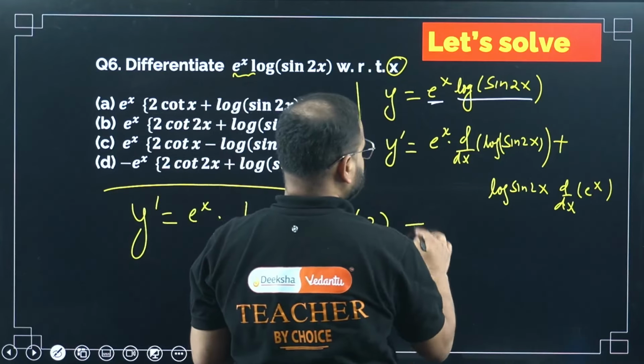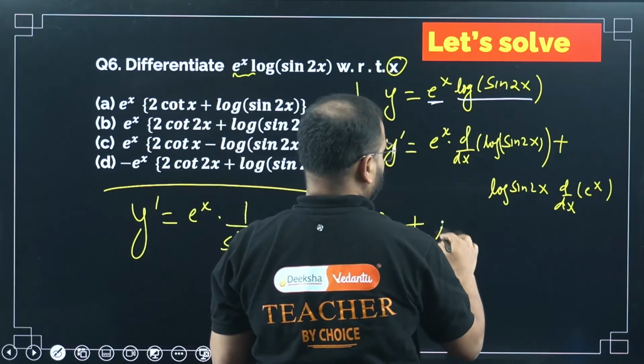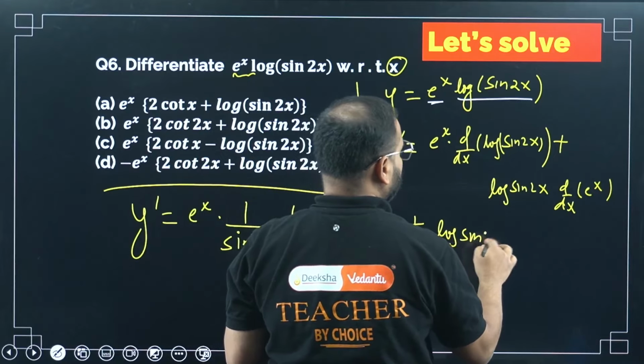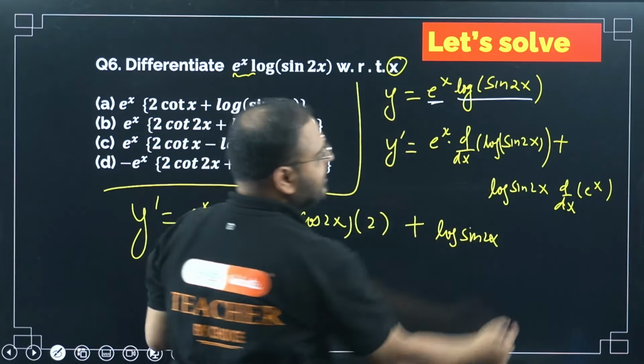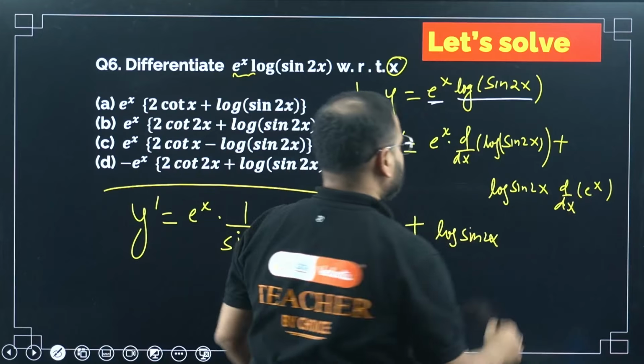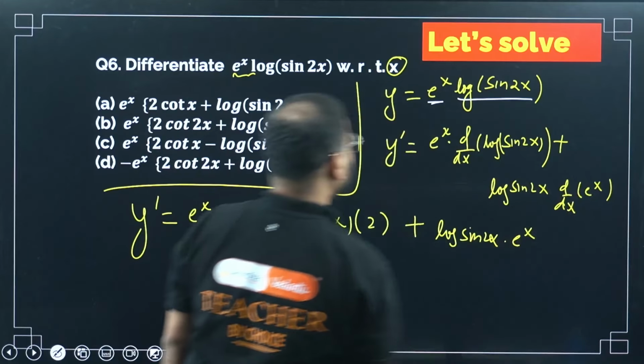What about this plus sign? This will be coming as log sine 2x, and what is the differentiation of e power x? Same as e power x.